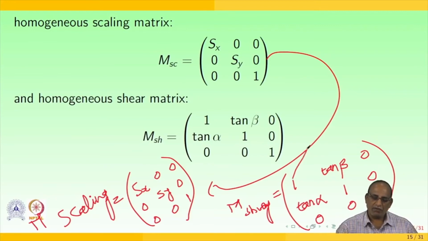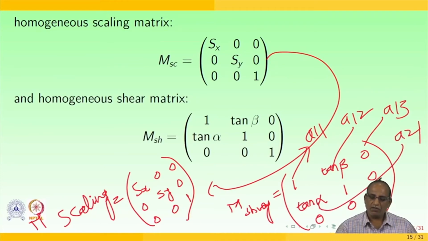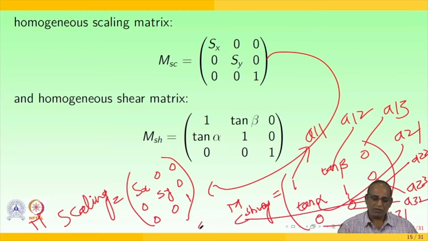This is the A11, this is A12, this is A13, and this is A21, A22, A23. This is A31, A32, and A33.